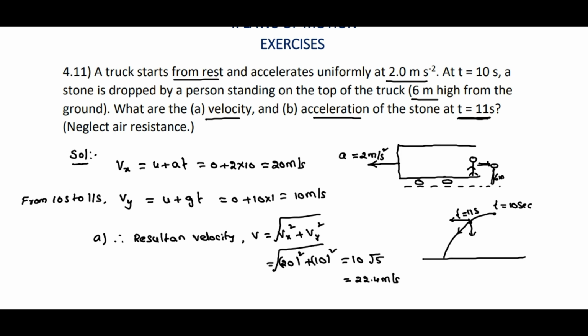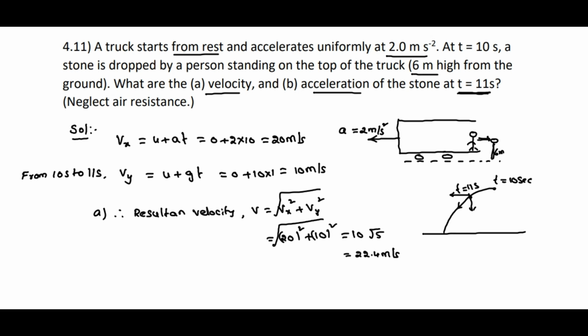While coming to the direction, with the horizontal, tan theta is equal to Vy divided by Vx. That is 10 by 20, nothing but 1 by 2.